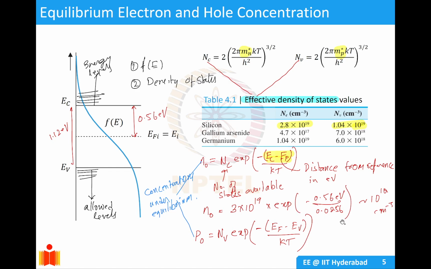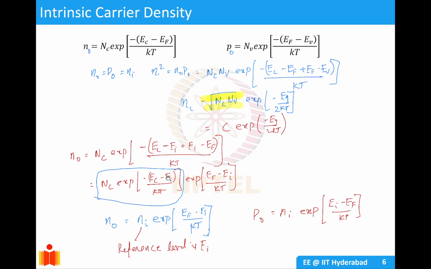For intrinsic, n naught and p naught are equal to Ni. So Ni square is n naught times p naught, and multiplying both you get Ni equals under root of NC NV exponential of minus Eg by 2kT. We had already seen Ni equals C exponential of minus Eg by 2kT, so your C is the under root of NC NV.